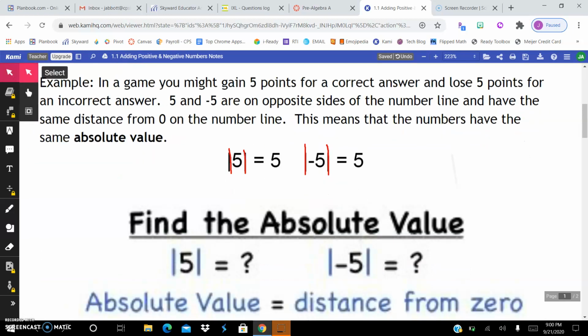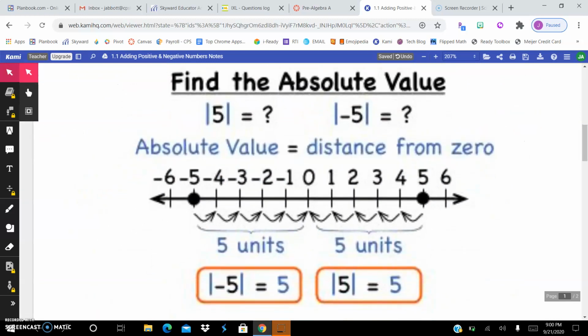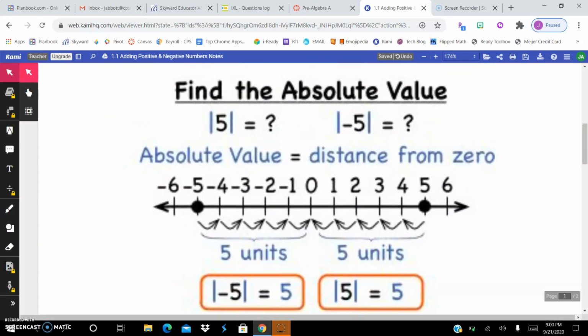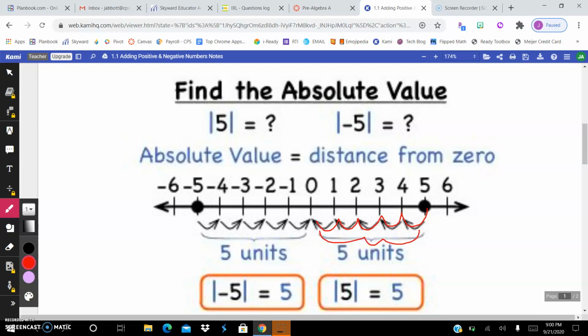So I have a visual here for you. So the absolute value of 5, if you start at 5 and work your way to 0, you are 5 units away from 0. So the absolute value of a positive 5 is 5.